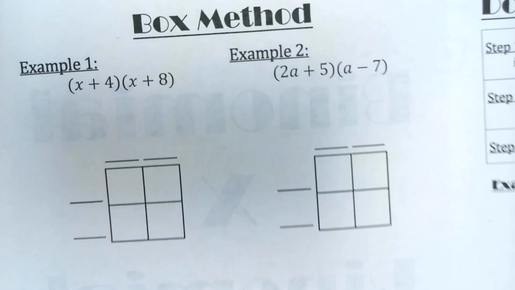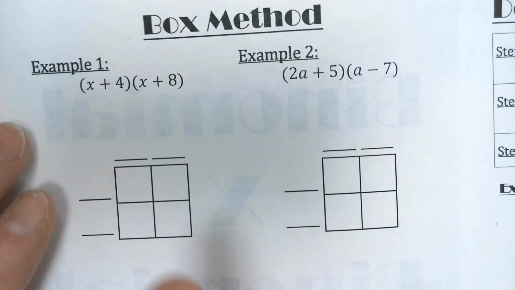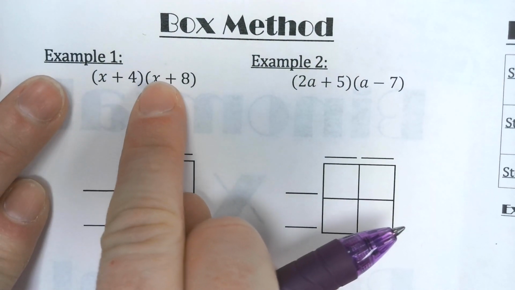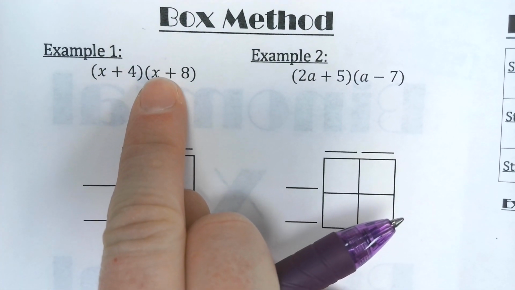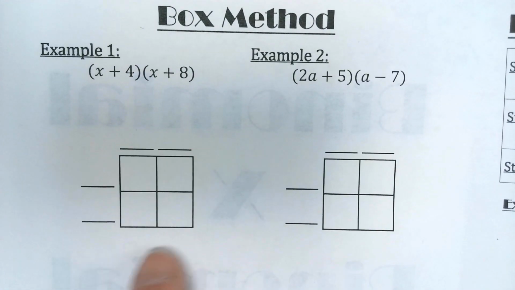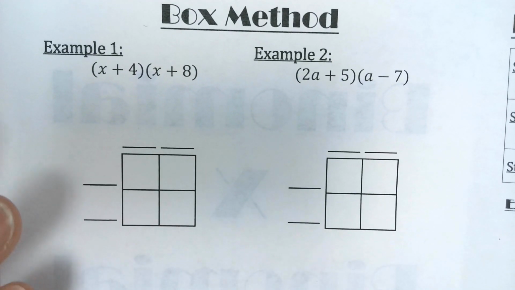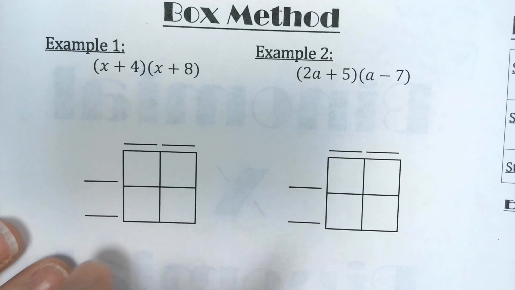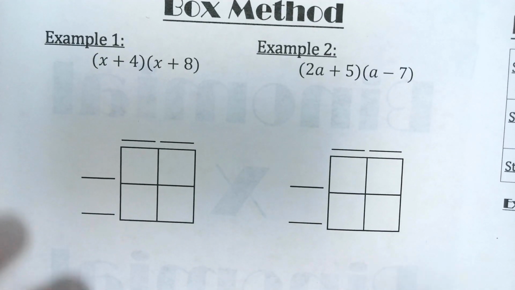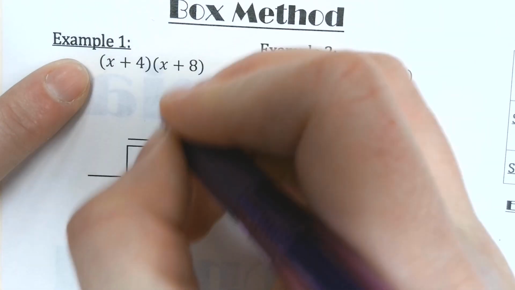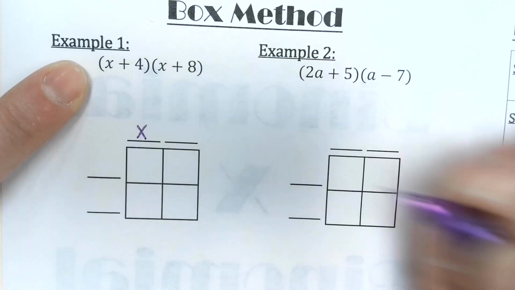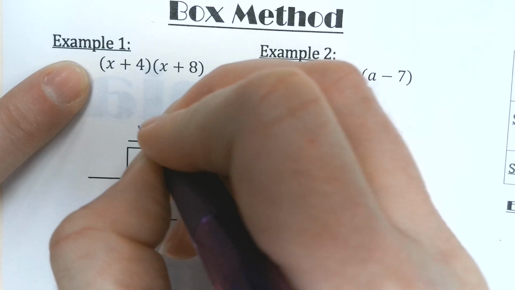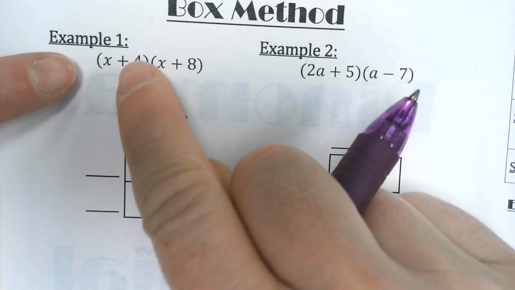So we have box method first. We have x plus 4 times x plus 8. We have this box that we are going to put things on the outside and then do some multiplying. So this is going to be x plus 4. See how that's right here?